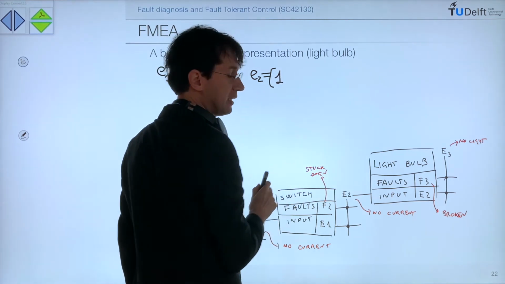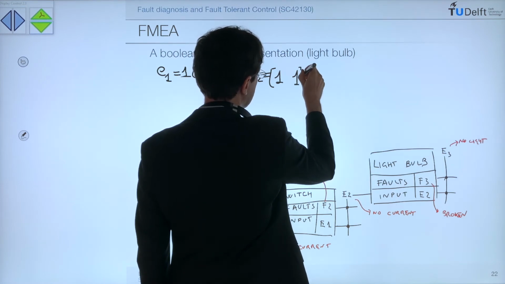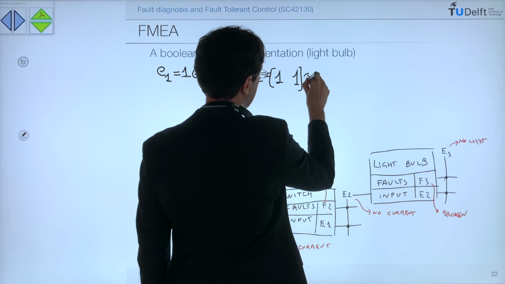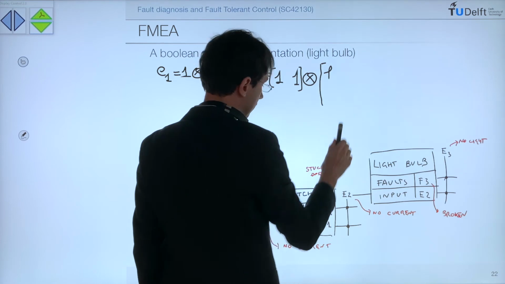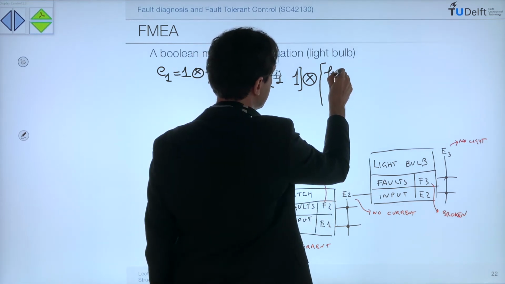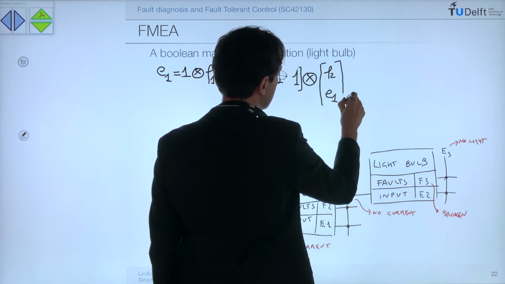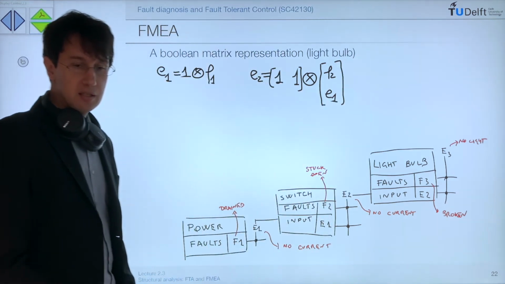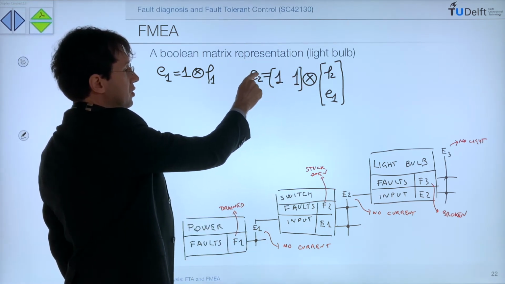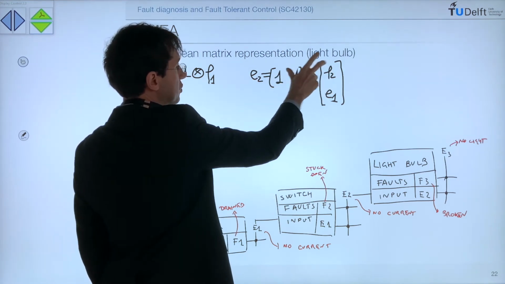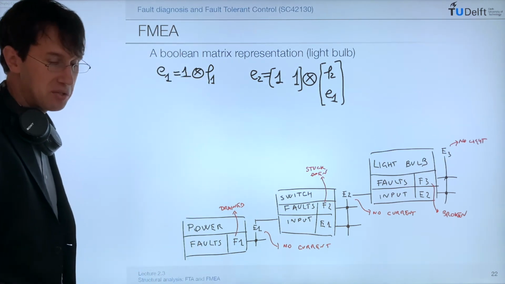With a matrix that has only one row with only ones, and we do this Boolean multiplication with a column vector with the local fault of the switch and the propagated effect E1. And so if you remember the definition, this simply means that E2 is equal to F2 or E1. So both are causing the same.